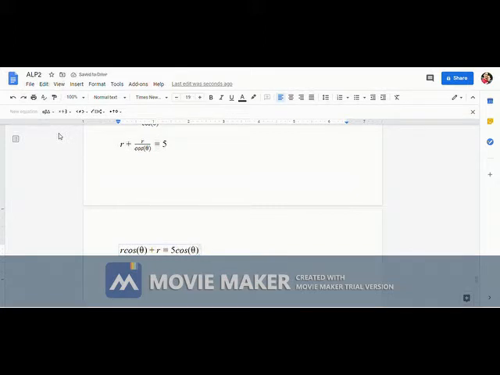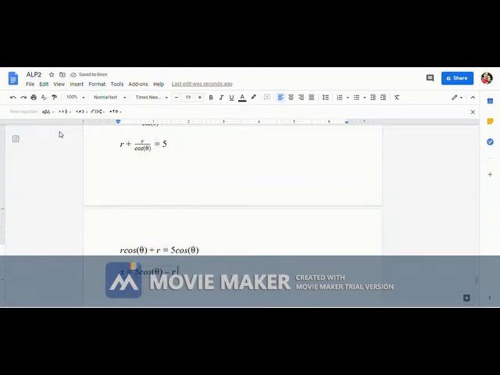Alright, in this next step, since we know r cosine theta equals x, we're going to convert that to x, and we're going to subtract r from both sides of the equation, so we get 5 cosine theta minus r.